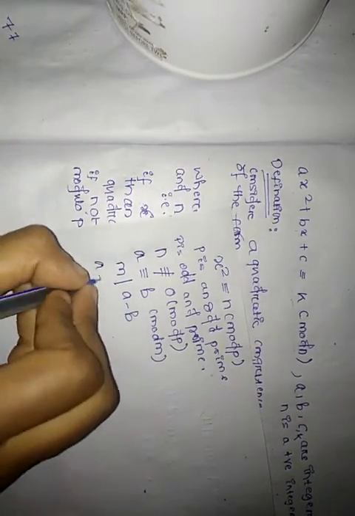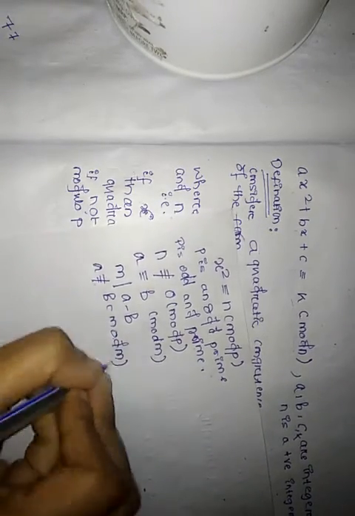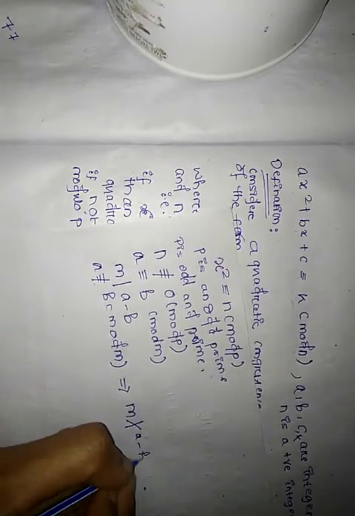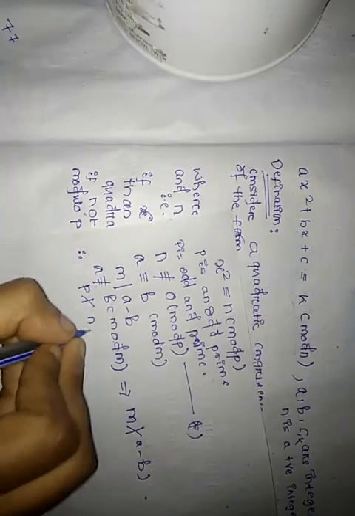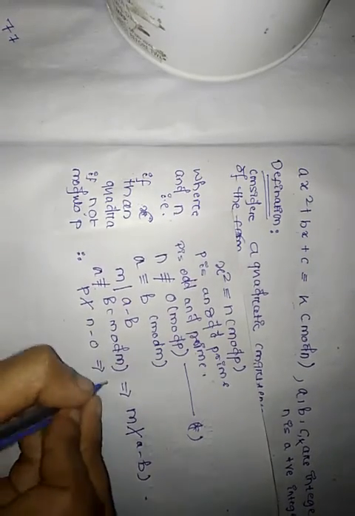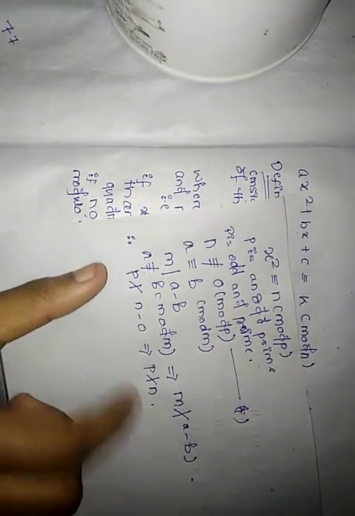So if a is incongruent to b mod m, which implies m doesn't divide a − b. Therefore from this, p doesn't divide n − 0, which implies p doesn't divide n. So p is an odd prime and p doesn't divide n. This is the foremost condition.